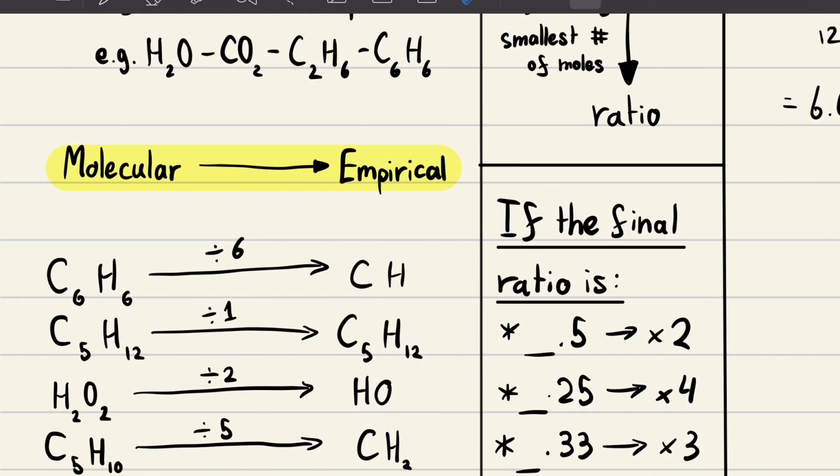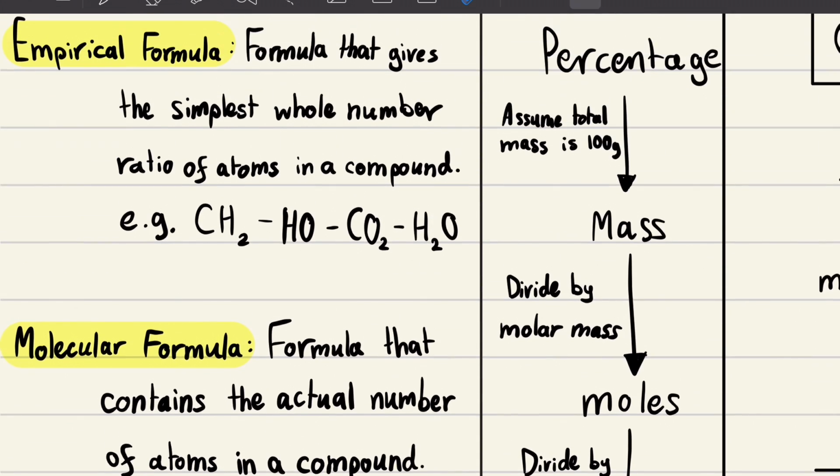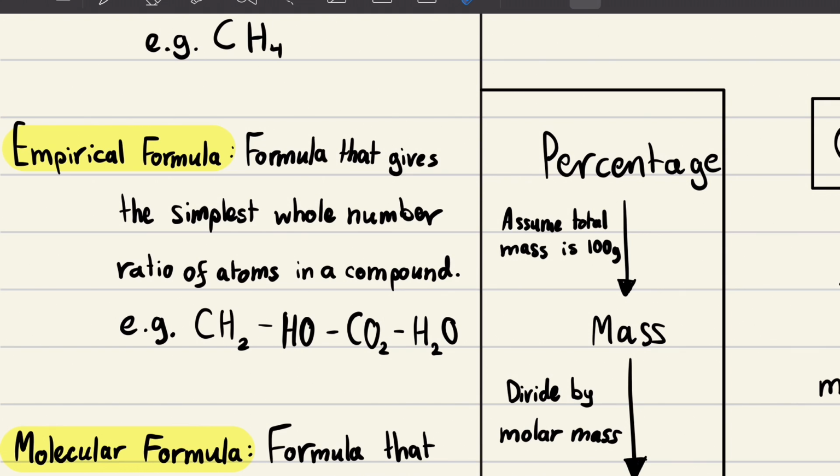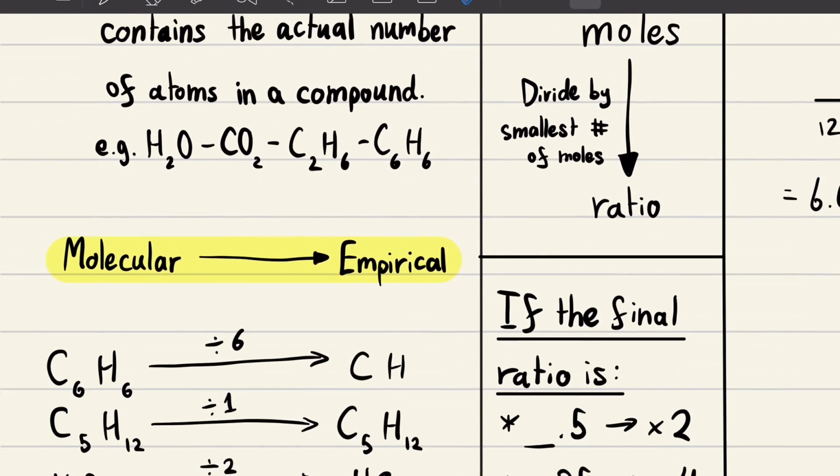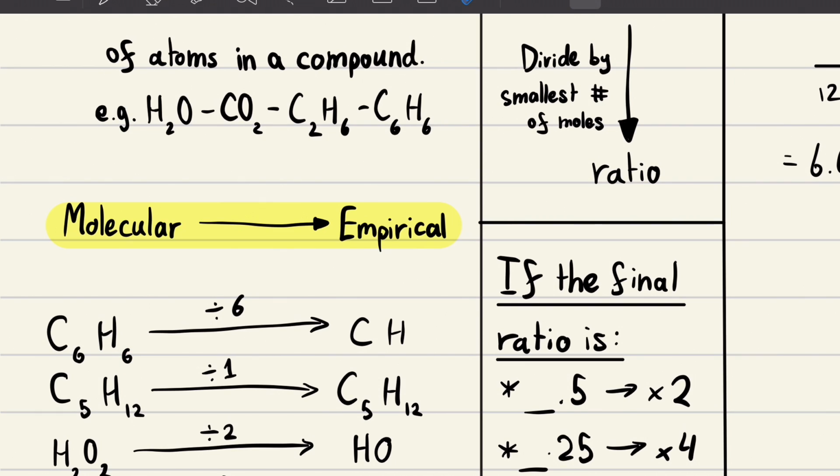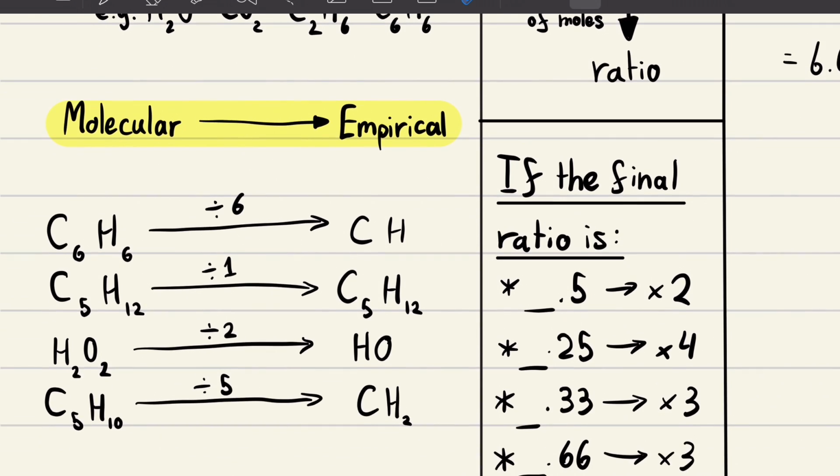This can be simplified further by dividing by 6 on both sides and getting a 1-to-1 ratio. That'll give us the empirical formula because, as we know, it gives the simplest whole number ratio of atoms in a compound. So dividing both sides by 6 gives us CH with a 1-to-1 ratio, and a 1-to-1 is the simplest whole number ratio you can get.